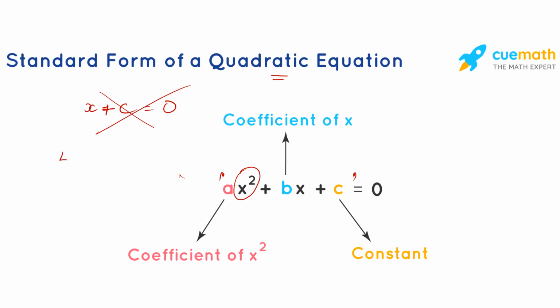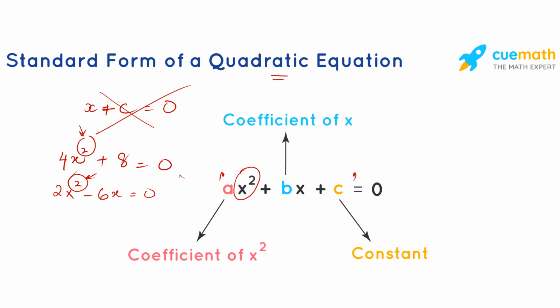But if it is written as 4x square plus 8 equals 0, it is a quadratic equation, because the main key is the power 2. Even if it is written 2x square minus 6x equals 0, it is also a quadratic equation because the highest power of this equation is 2.